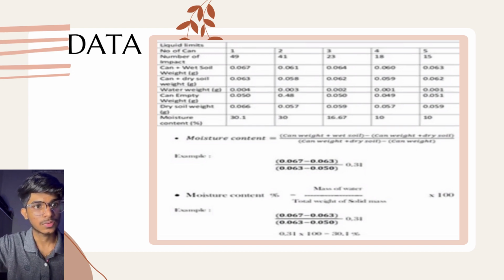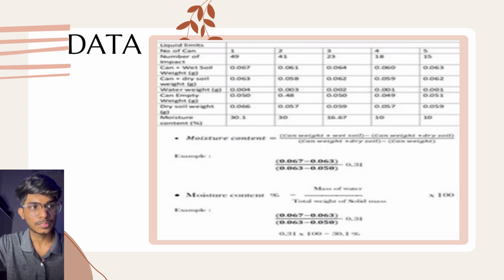For the moisture content, we take the can weight plus the wet soil, subtract the can weight plus the dry soil, and divide it by the can weight plus dry soil subtracted with can weight. As you can see, I have inserted random data in my slide so you can see how they actually calculate the data as well.